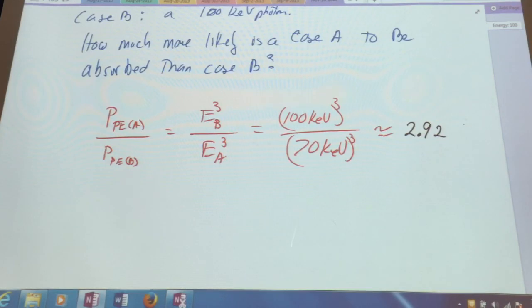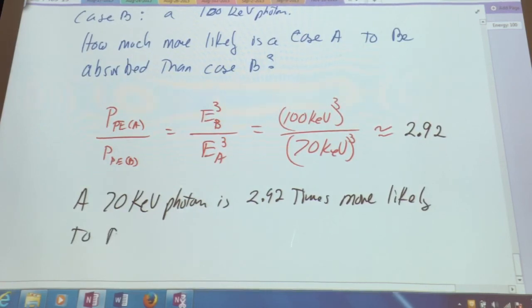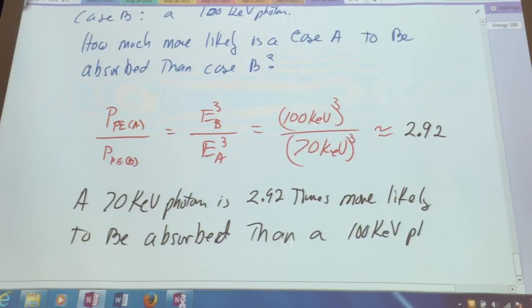The 70 keV photon is three times more likely, just about.